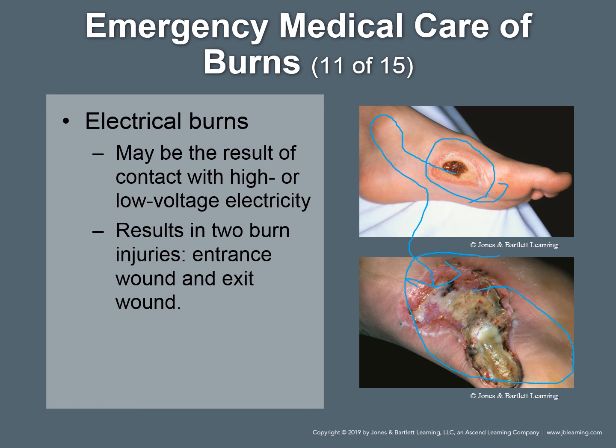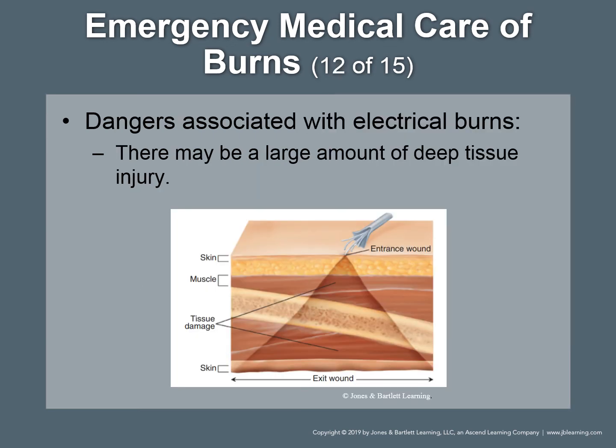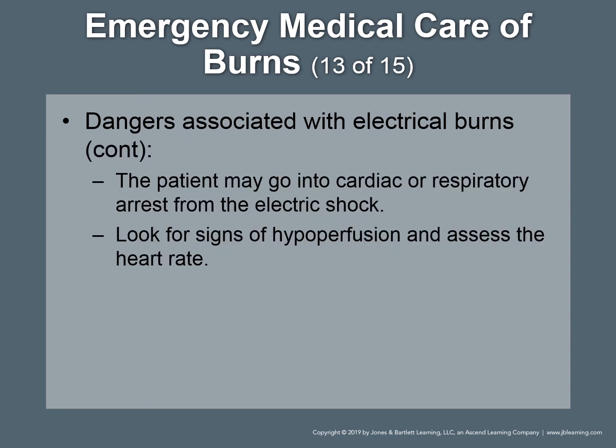Okay, so you're going to need to treat the wound from the entrance, the wound from the exit, and you're also going to need to keep in mind that there's injuries all in between that entrance and that exit wound where that burn was. And just here's a picture of the electrical, where it goes in, and then the electricity arcs and spreads out and burns all that area all the way through your body. So you need to be really concerned about those internal burns versus those external burns.